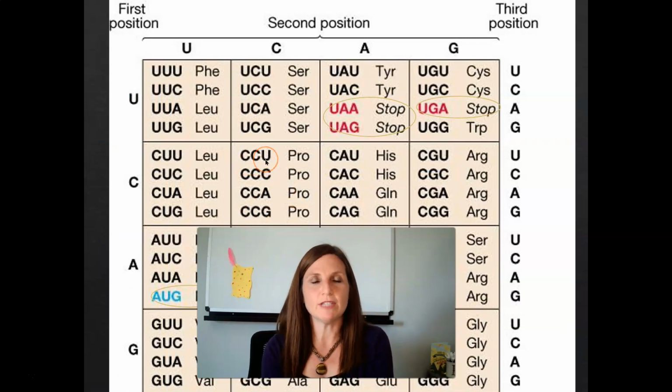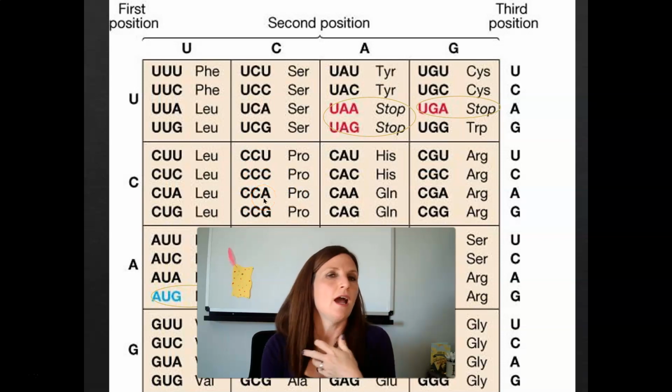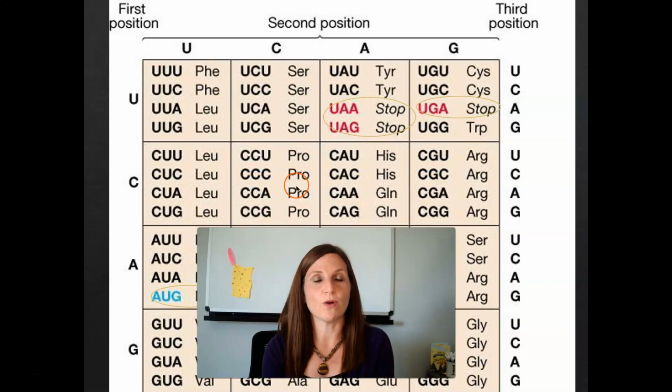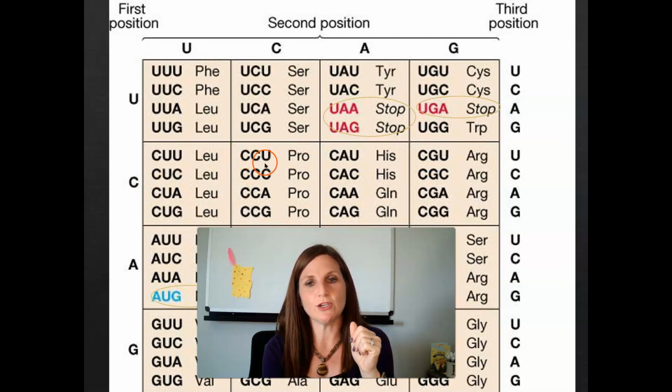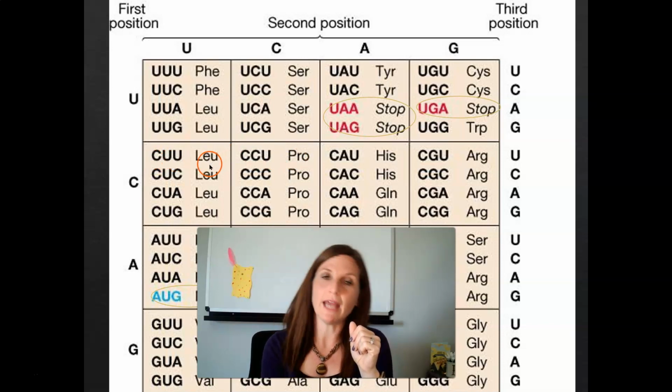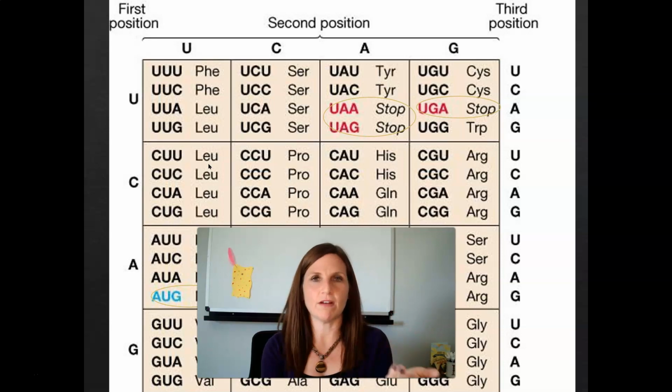So if we had a substitution that changed CCU to CCC or CCA, that would be a silent mutation because you were going to make proline and now you're still making proline. So it doesn't really make any difference. You can have a mutation that causes just a single nucleotide change. So maybe you were going to be CCU, but now you're CUU, so where you were going to be proline, now you're leucine, and so that can have a varying amount of effect on the cell.